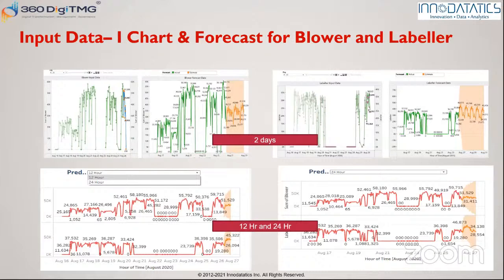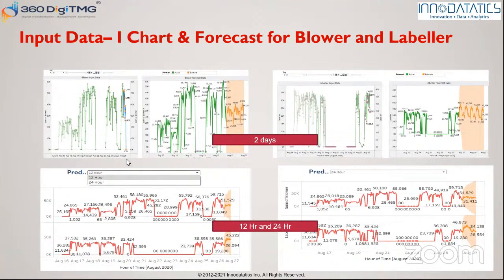Currently we are going through only 2 stages. One is the blower, which is one machine, and then the labeler, which will label the bottle. Here the first chart talks about the blower performance on an hourly basis.